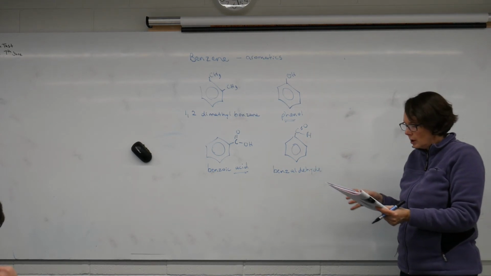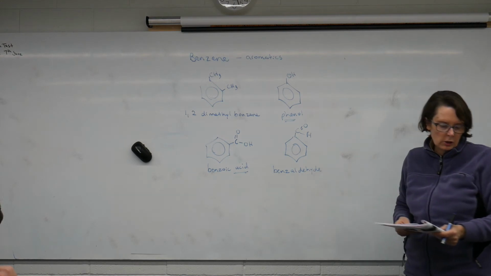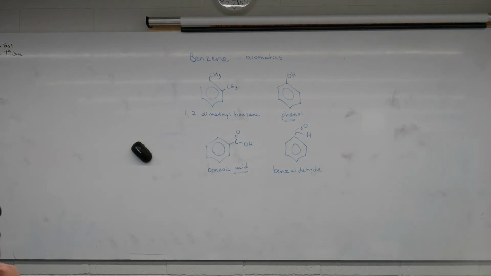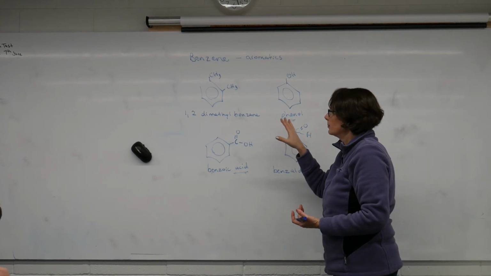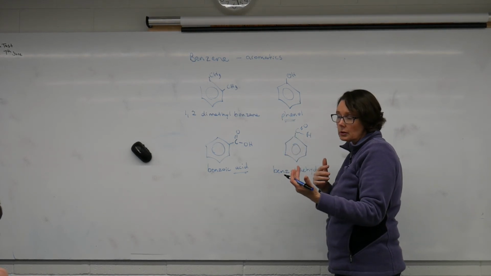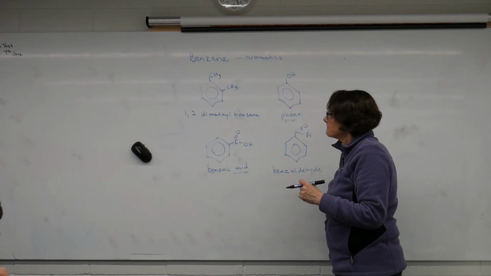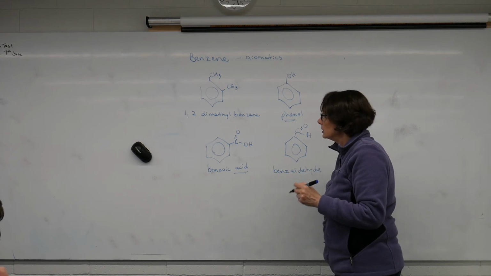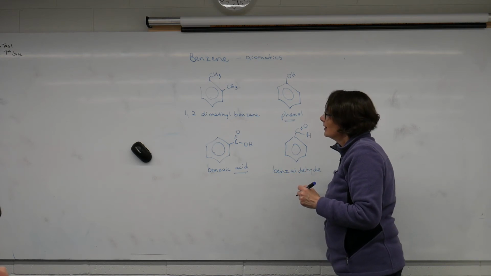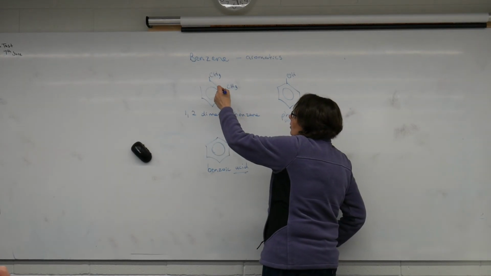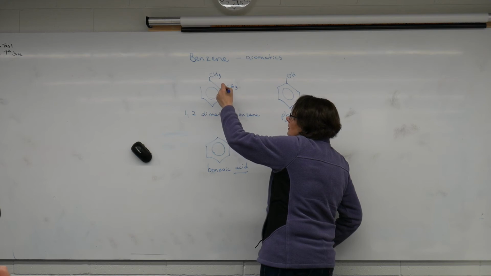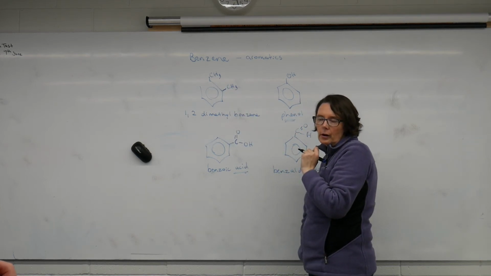But most of the time when you come across a question with the benzene ring in it, you're probably just going to need to count carbons and hydrogens. A common mistake students make is forgetting that once you have a bond here, then there's no other hydrogen there.